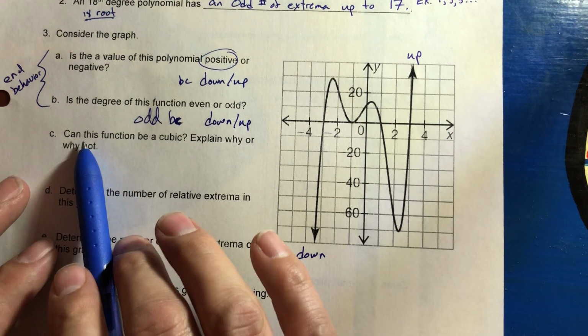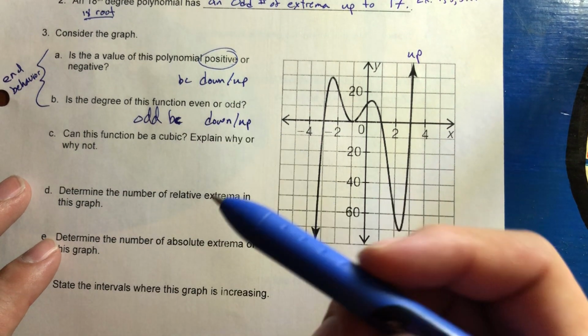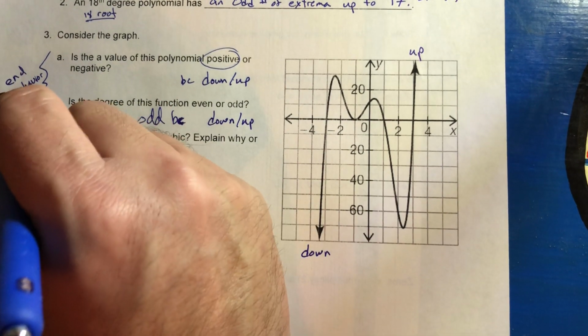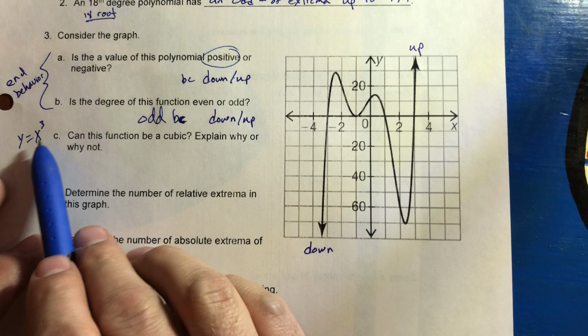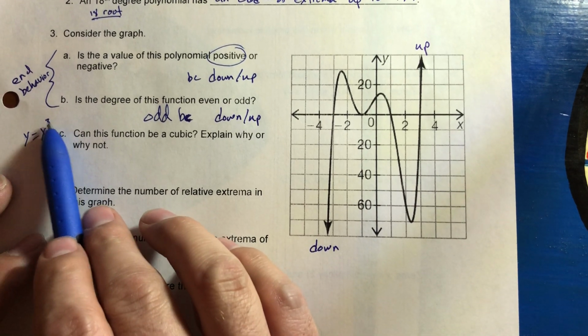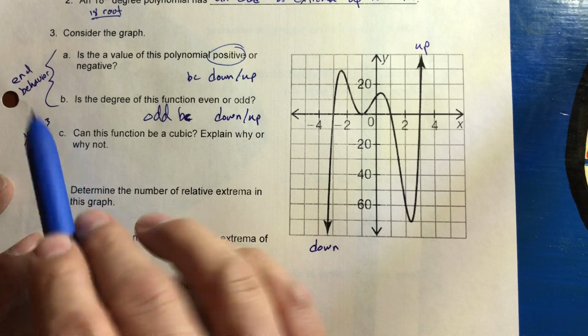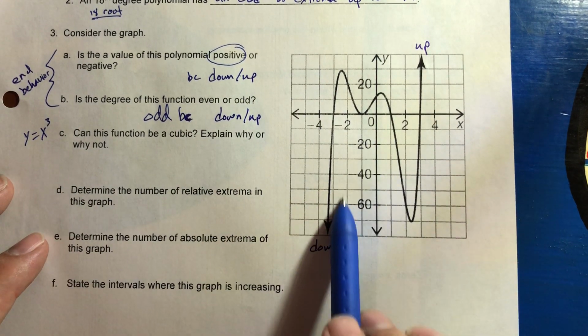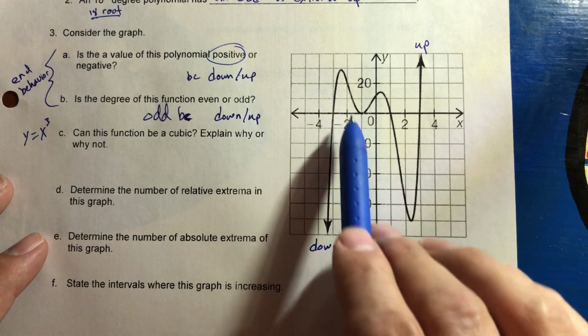And then it wants to know, can this function be a cubic? So what does it mean to be cubic is what we have to first understand. So for a cubic function, remember the parent function of a cubic function is y equals x cubed. So if we take that highest degree right there, then one of two ways I can figure out whether this is a cubic or not.